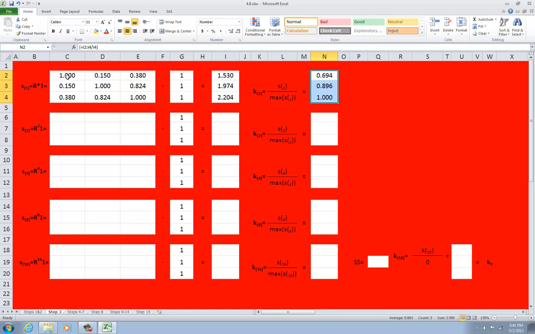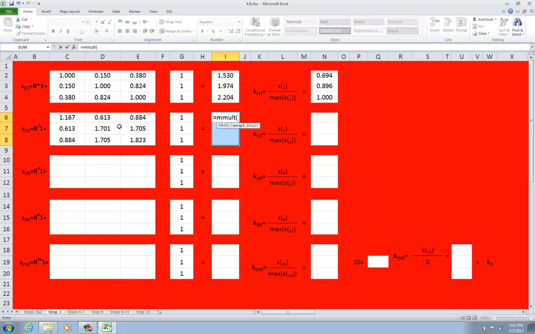Next, R is squared to obtain R squared, and R squared is post-multiplied by a vector of 1s to get the S sub 2 vector, which we'll then normalize to have 1 as its largest value to become a trial eigenvector K2. So here we're going to have R times R to get R squared.